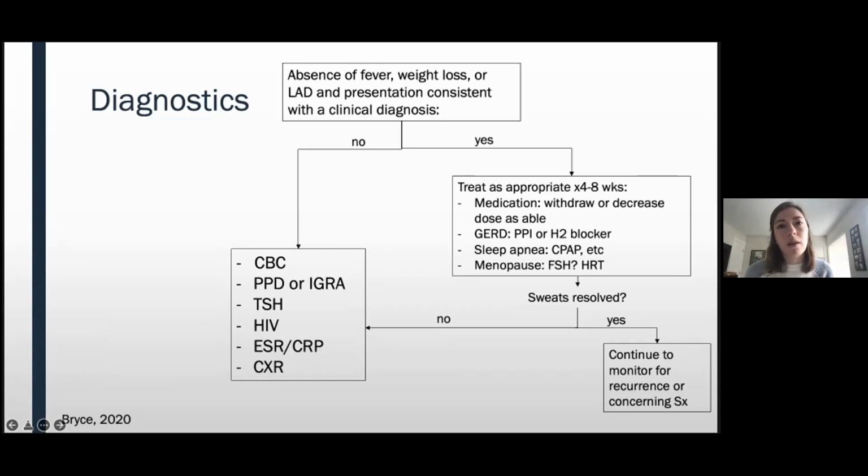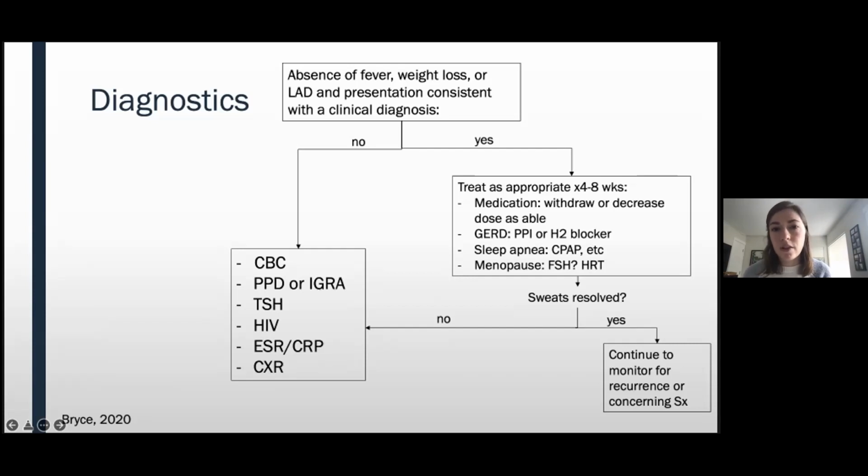If they're talking about GERD symptoms, you can try treating them with either a PPI or even just an H2 blocker for a couple of months and see if their symptoms resolve. If you're worried about sleep apnea and they have a CPAP and they're not using it, you can try that, or testing them for sleep apnea. And then if you're concerned about menopause and you have questions, you can check an FSH or trial treatment.